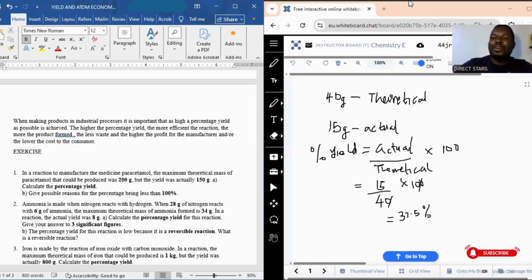From the answer you got, you can also provide additional information like this is way below 50%, so it's not a viable route to follow. So more research will need to be carried out to find better methods, better ways to improve on this percentage.